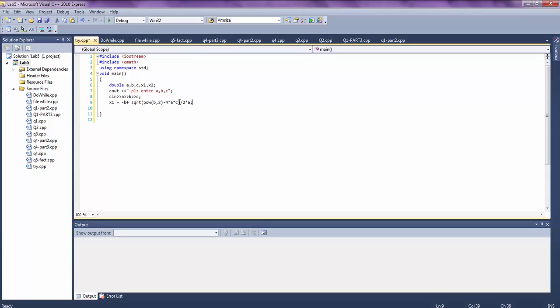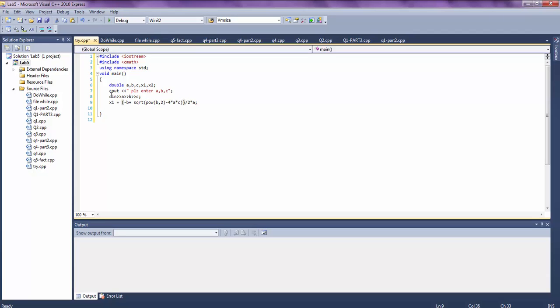The compiler will first do the square root and divide it over 2, and then multiply it by a, and then add to it the minus b. So if I want the correct way to execute it, I need to put all of this in a bracket.